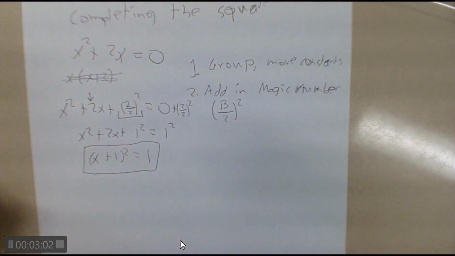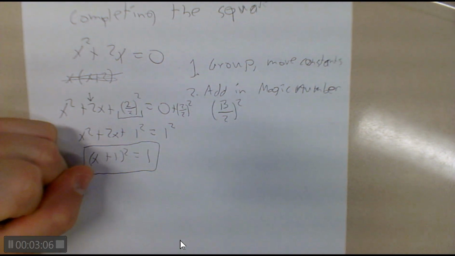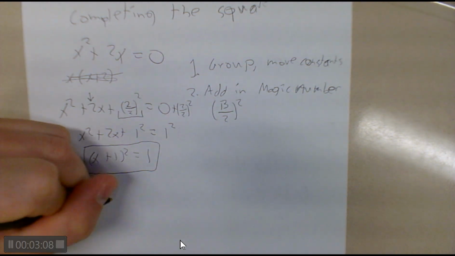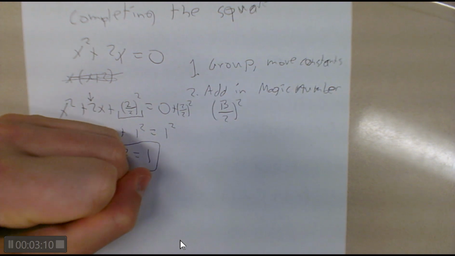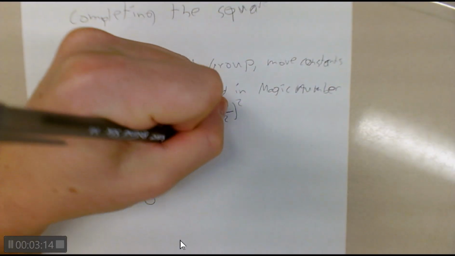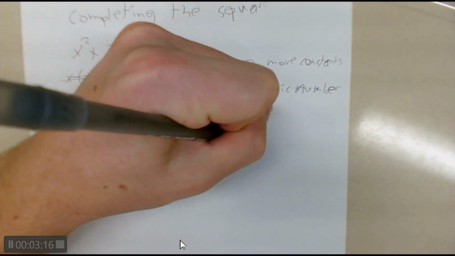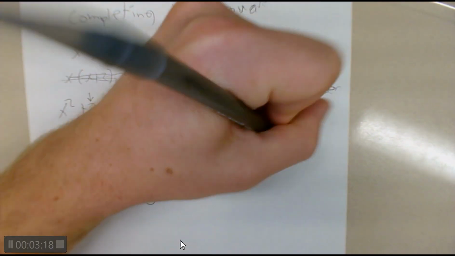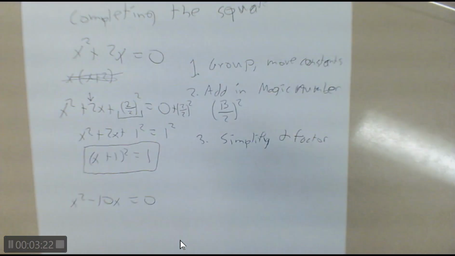So another example. We're going to do it with the one we had earlier. We're going to have x squared minus 10x equals 0. Okay? Third step I forgot to write down. It's going to be to simplify and factor. Okay? Simplify and factor.